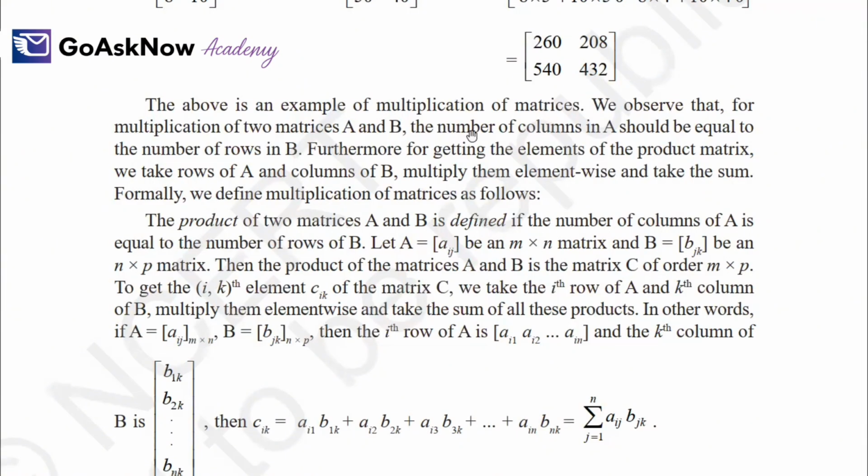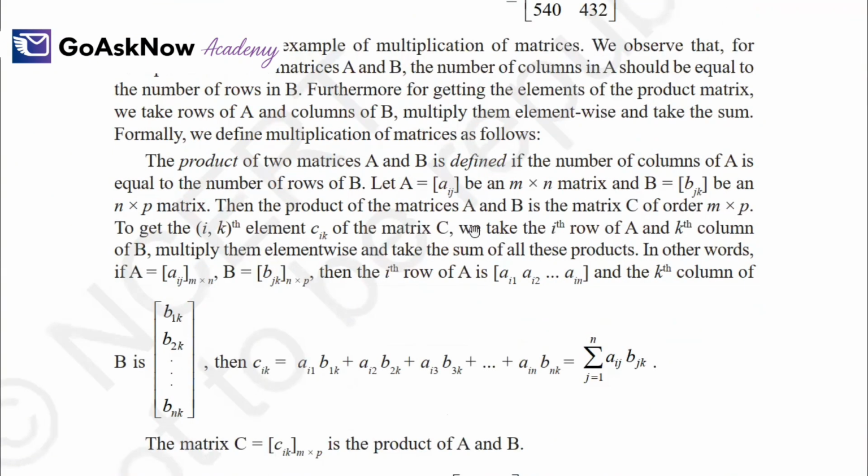Then Cik will be Ai1 into B1k plus Ai2 into B2k, and so on. This is a representation of matrix multiplication where the columns of the first matrix equal the rows of the second, and you get the resultant matrix of order M cross P.